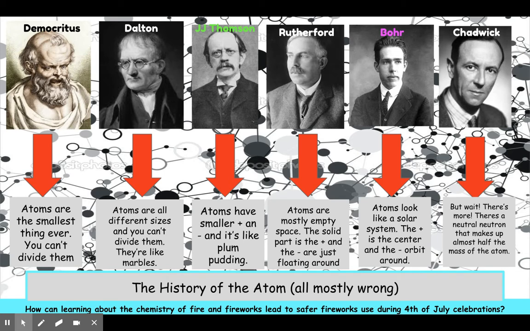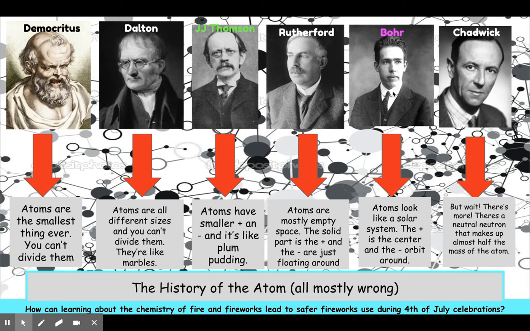He was able to shoot a positively charged particle at a thin sheet of gold foil, and he noticed that most of these positive particles just went right through the foil, but every once in a while it would be repelled or bounced back out when it hit the positive center of the gold atom's nucleus. So Rutherford said the atoms were mostly empty space. The solid part in the middle is the positive, which we now call the nucleus, and the negatives are just kind of floating around in this empty space.